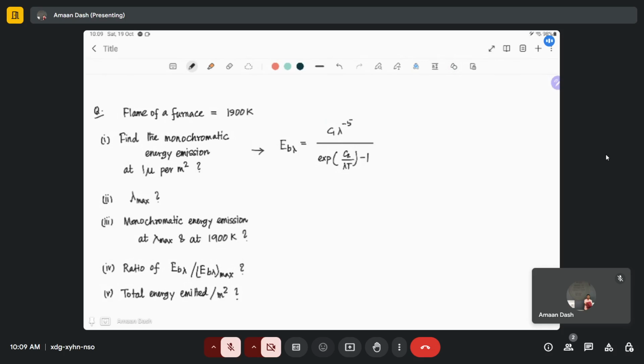C1 and C2 are constants, and lambda you can see here. You just have to substitute this.